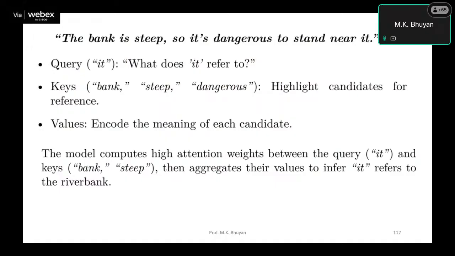So it is related to bank and also to steep, and then aggregates their values to infer that "it" refers to the river bank. Based on this attention score, we can say it is related to the river bank. So this is one example.